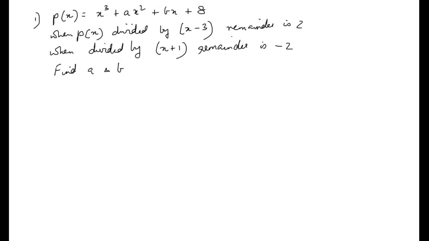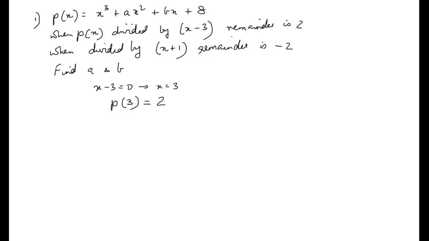Okay, so they have given us the remainder after two divisions. The first one, P of x is divided by x minus 3, the remainder is 2. And the second is P of x when divided by x plus 1 gives a remainder of minus 2. So if I were to write this out using the remainder theorem, in the first case, I take x minus 3 equal to 0, which implies that x is equal to 3. So if I input 3 into the P function, I should get a remainder of 2.